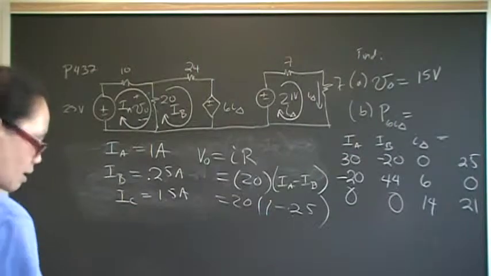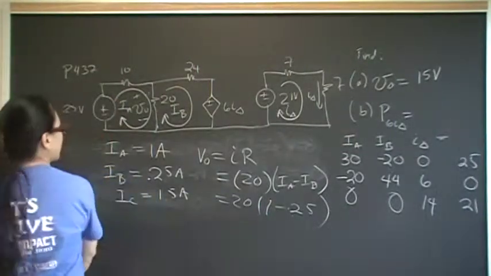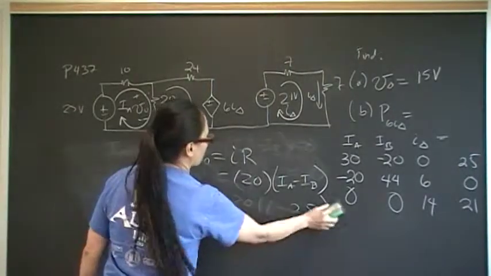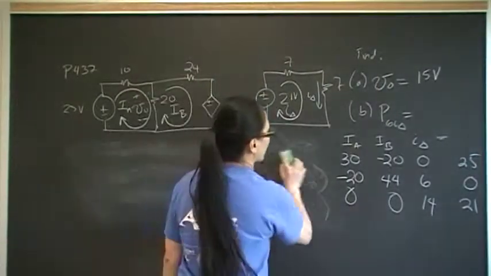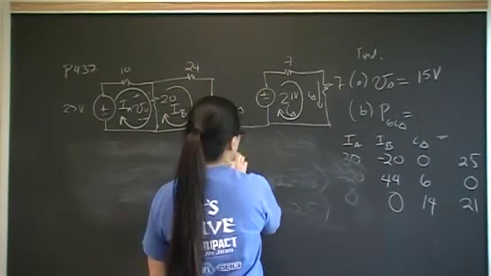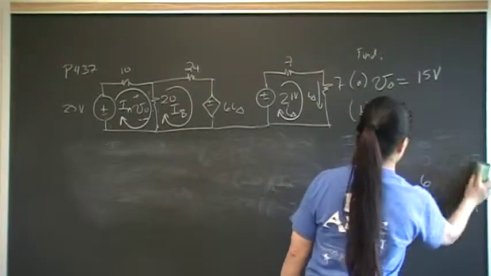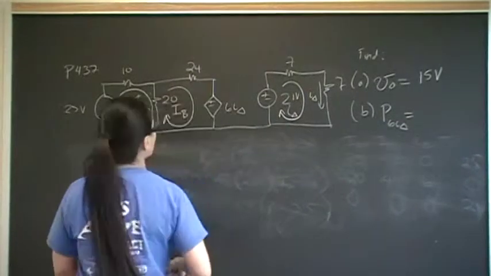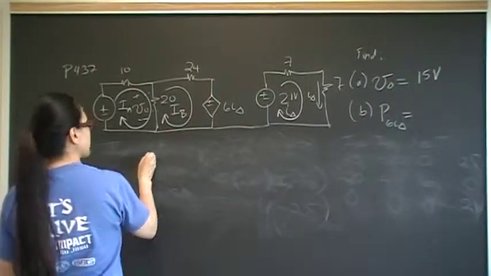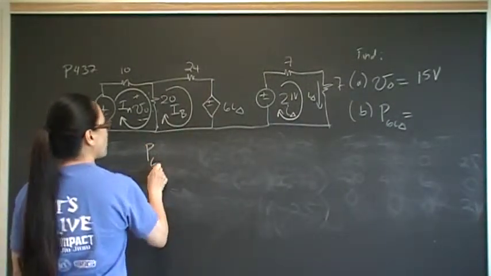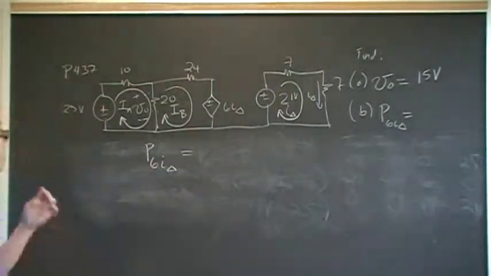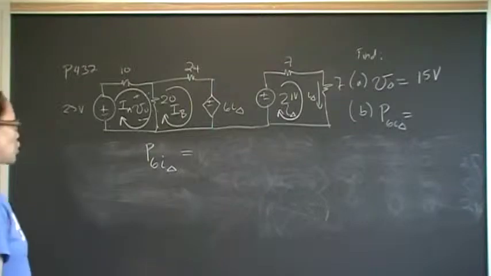Yep. Okay, so the second thing that we're looking for is the power that's either delivered or absorbed by the dependent voltage source. So here's my dependent voltage source. We're looking for power generated or dissipated by the dependent voltage source.